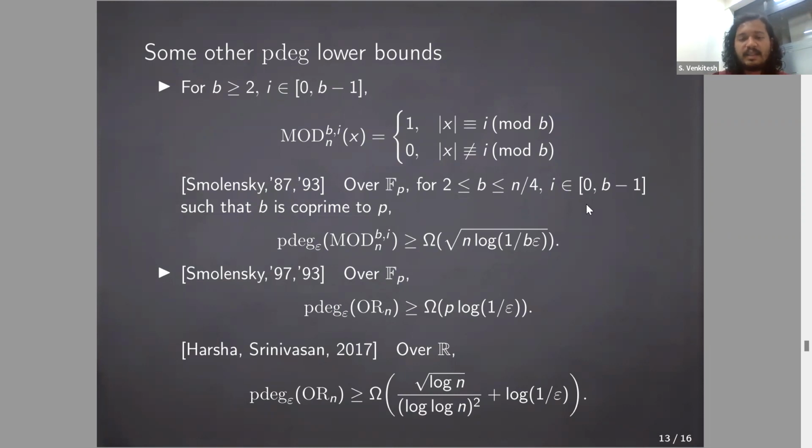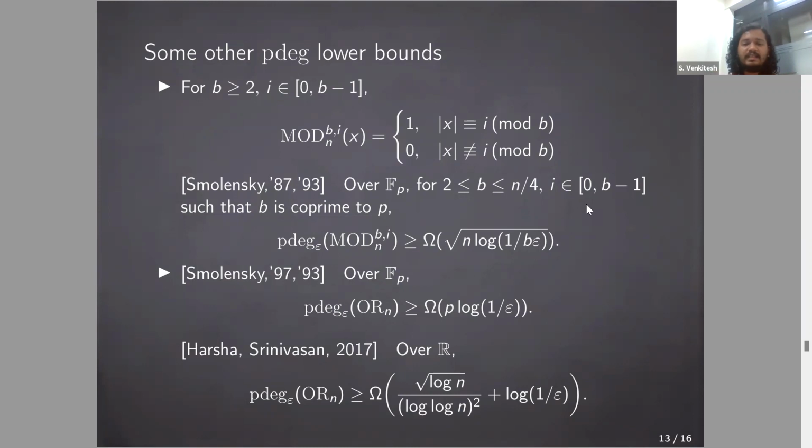Okay, and similarly for the OR function, again in positive characteristic, the lower bound is p times log 1 over epsilon. When you consider p as a varying parameter, if p is constant, it is just log 1 over epsilon, as I mentioned in a previous slide. Over the reals, however, as I said, it's not clear. We don't know exactly what the p degree is. The best we know in full glory is this.